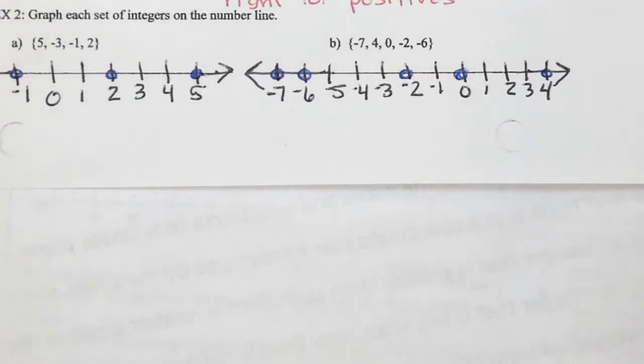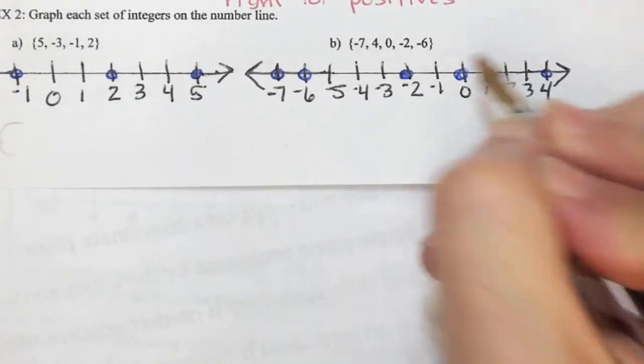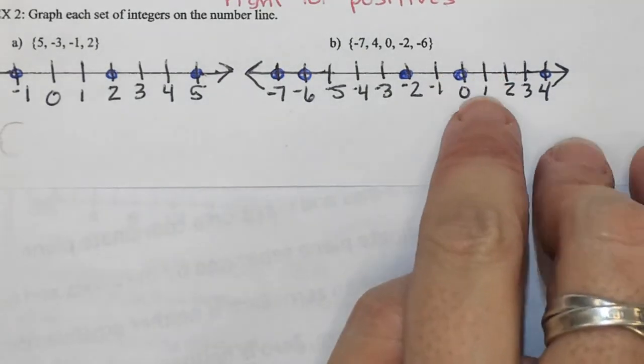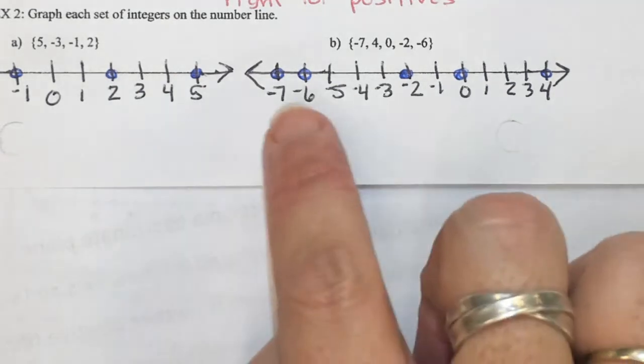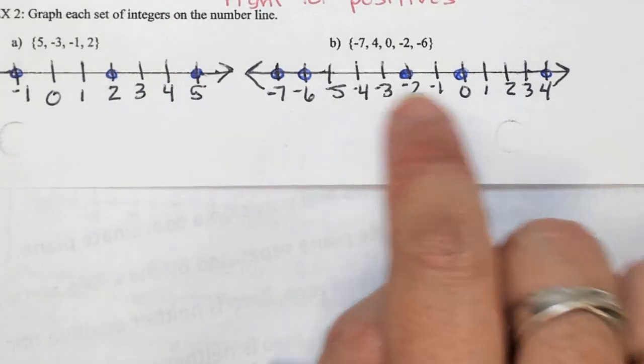Please make sure your points are where they cross, not flying up in the air. They've got to be where the two lines cross. And if you mean 4, it can't be down here at -4. It's got to be at 4.